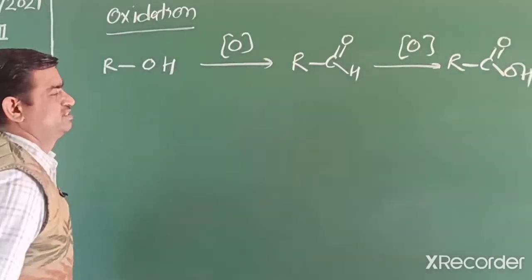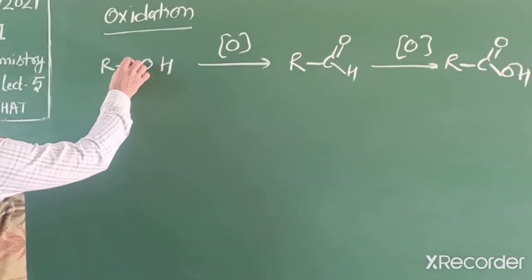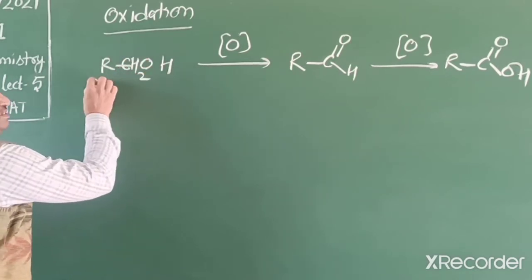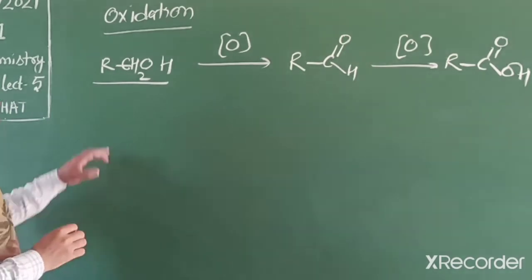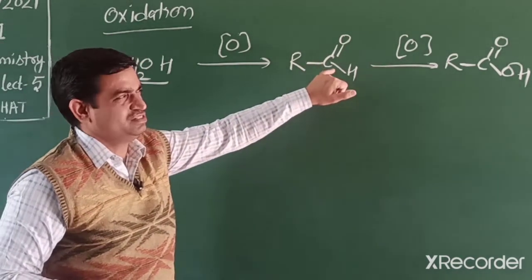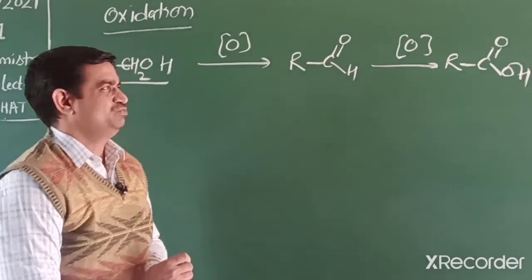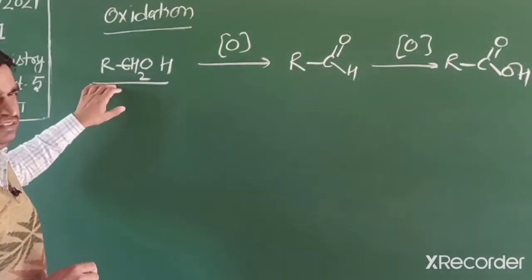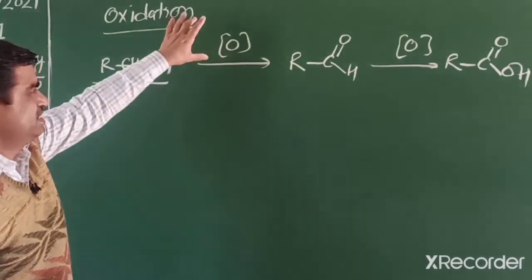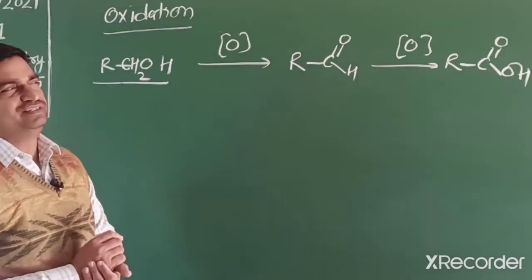We can represent this general reaction like this: RCH2OH gives RCHO, and further it changes into carboxylic acid. In this reaction the number of carbons remains the same, and it requires some oxidizing agent.